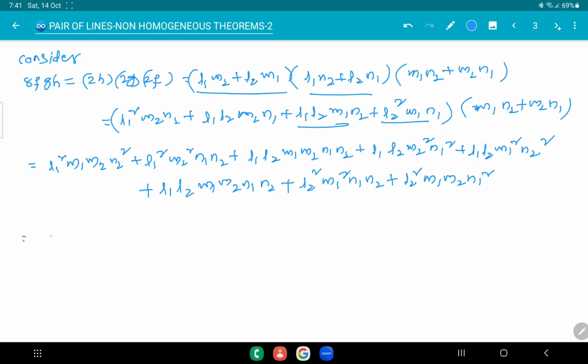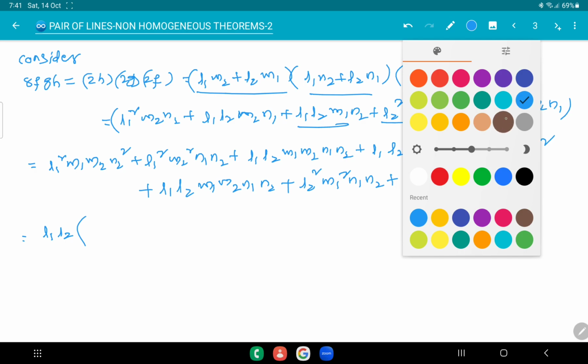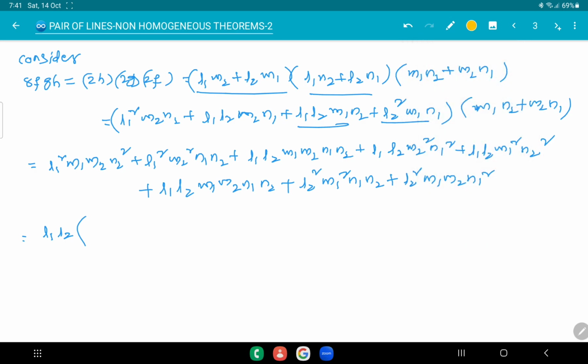First, let us bring common L1 L2. Observe where L1 L2 is common. After that we will take M1 M2 common, which is here.